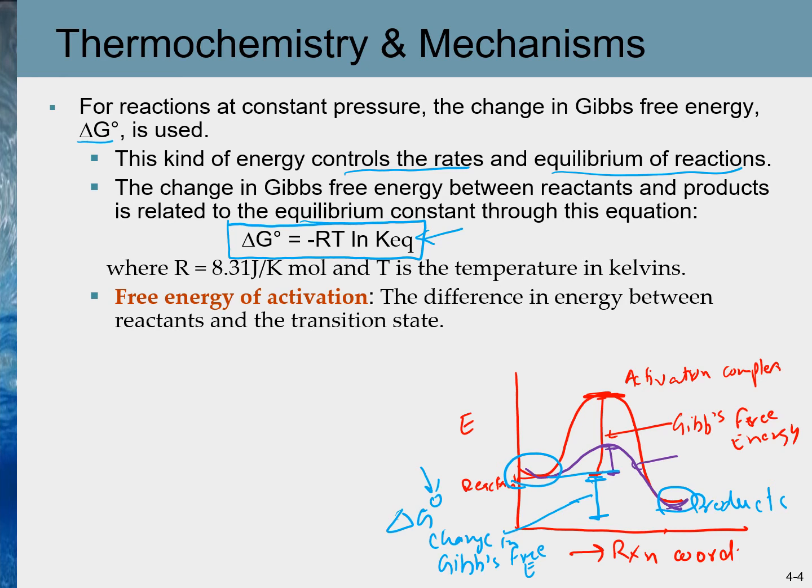A fundamental principle of nature is that all systems will spontaneously attain a lower energy state if a pathway is available. So if in a reaction the products are more stable, which means they have lower energy, then the change in energy is negative. A negative delta G is favorable.